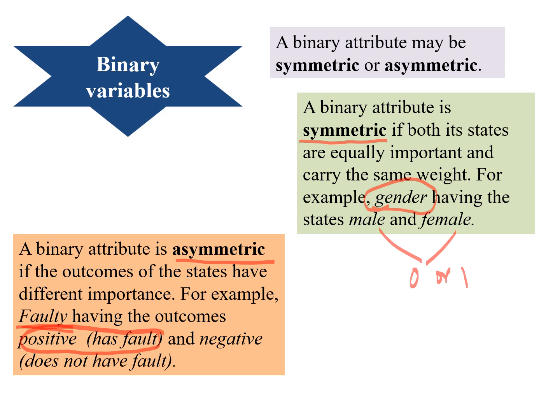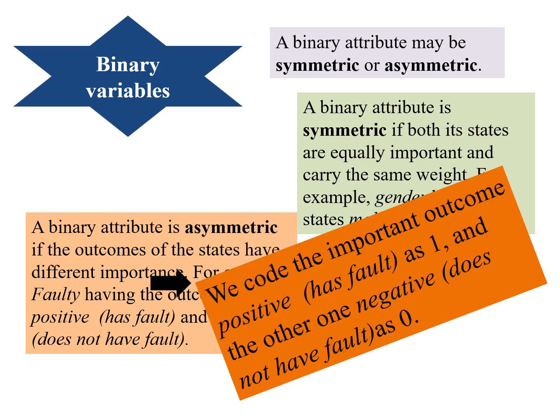So in these cases, you will usually assign a 1 for the more important state and 0 for the less important one. And similarly, when we go on to our similarity computations, we'll see the difference between these two states. We would have different measures. So in case of asymmetric, we code the important outcome as 1 and the other one as 0.